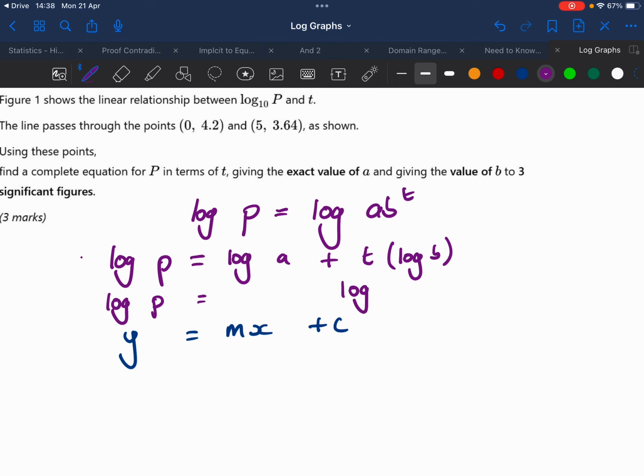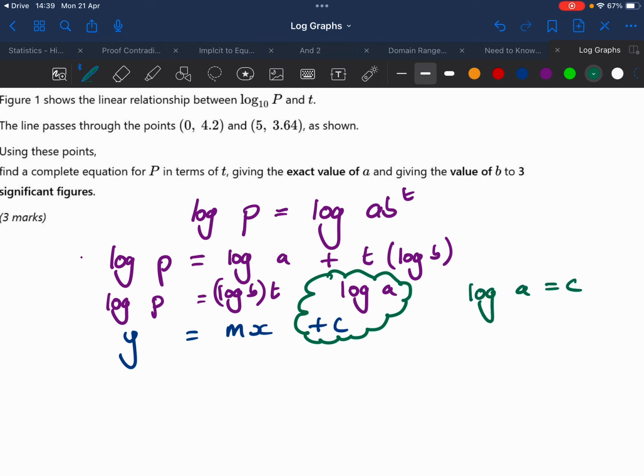I'm going to write my log A over here, and I'm going to write log B in brackets with T. I'm doing that deliberately to make it obvious that I don't want to use any log rules accidentally. But I find this format more helpful, because typically we're meant to realize that the C element on any straight line would be equal to log A.